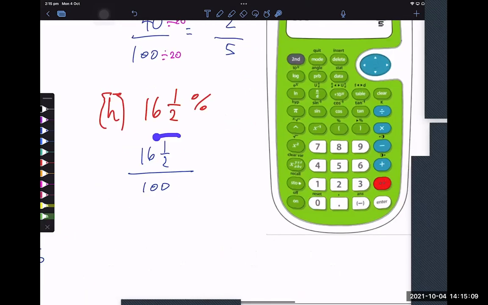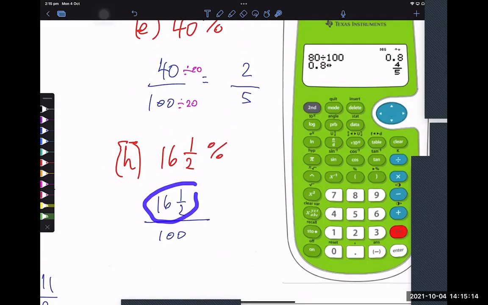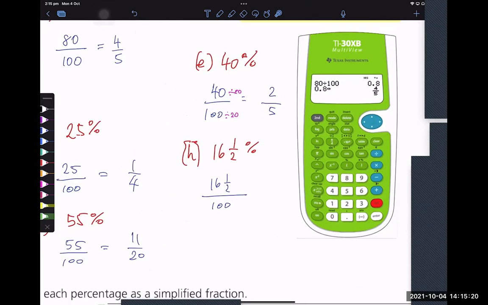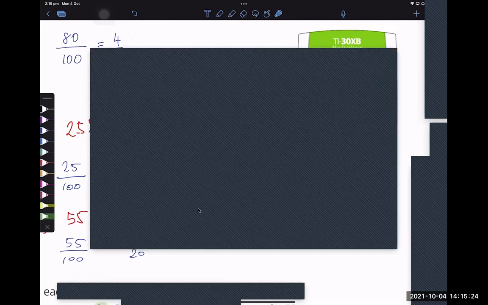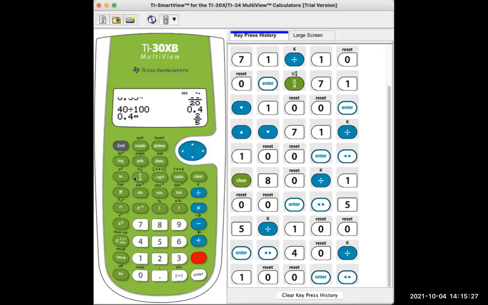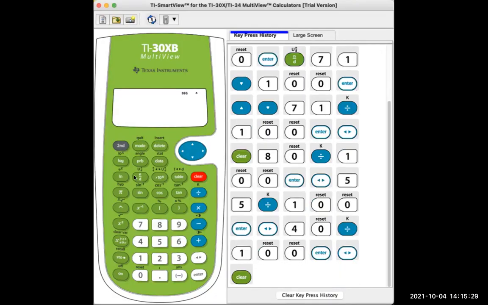With this one here as well, it's quite hard to find your highest common factor, like what goes into 16.5 and 100. Okay, so I'm just going to jump to the calculator just for this question here, 16.5. I'll show you how to type it out. So we've got a fraction, but in the numerator, we actually have a mixed number. So see on top of the ND, you see how there's like UND?